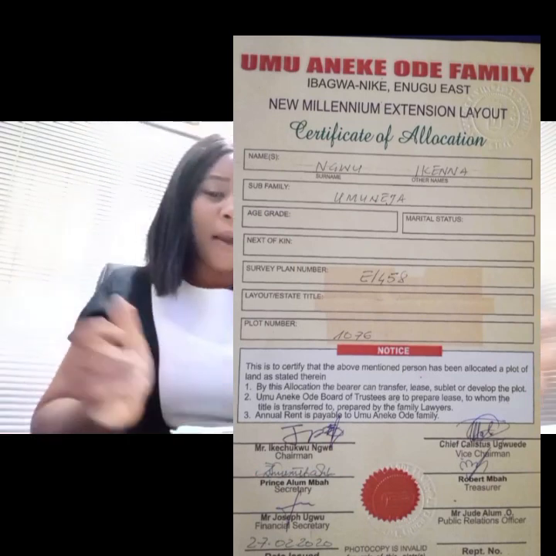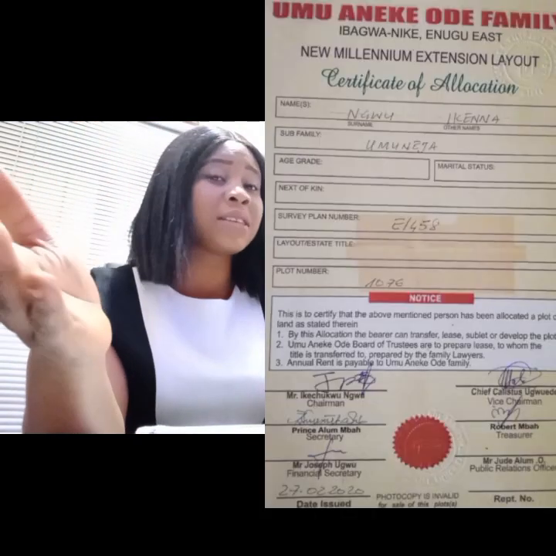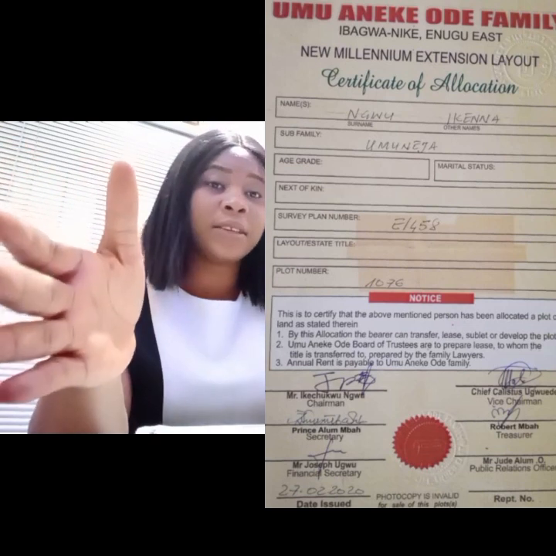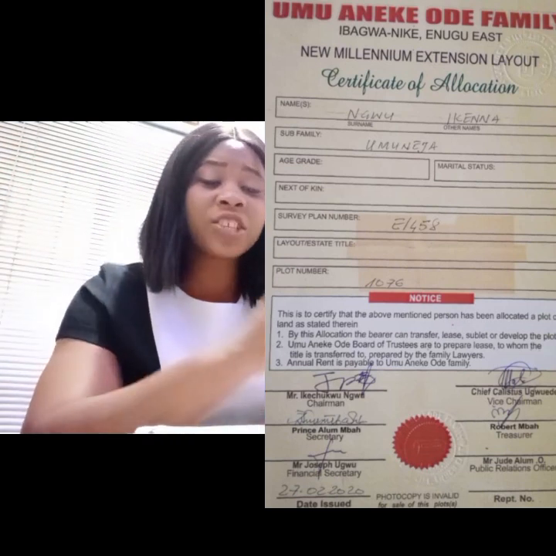This allocation paper comes with the village, the community name, the address, and the name of the property if it's a layout, and it is called a certificate of allocation. With this certificate of allocation, we have the name of the seller, the surname and the family name of the property, the age grade, the marital status, the next of kin.